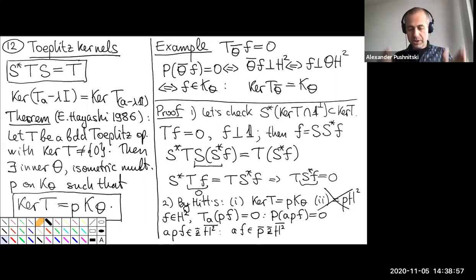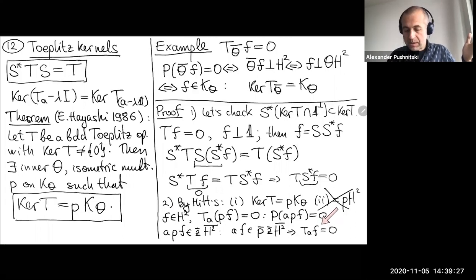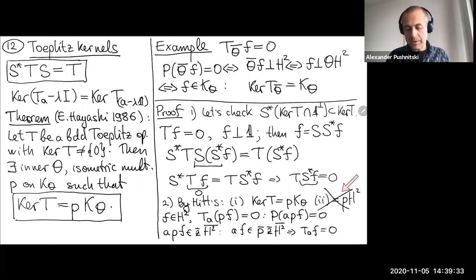So if we apply the projection P again to this, then we get that TAf is 0, because the projection kills the right-hand side. We've started from an arbitrary element in the Hardy class, and we've checked that our Toeplitz operator kills this arbitrary element. So that means our Toeplitz operator is simply 0. So the second possibility is not realized, except in the trivial case when the Toeplitz operator is 0. So we are done. We've proven Hayashi's theorem.